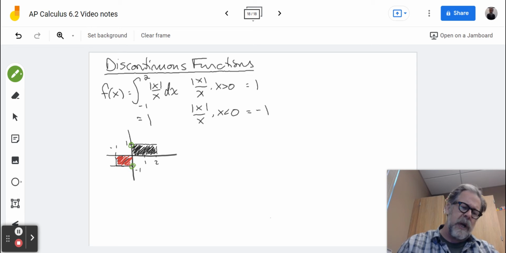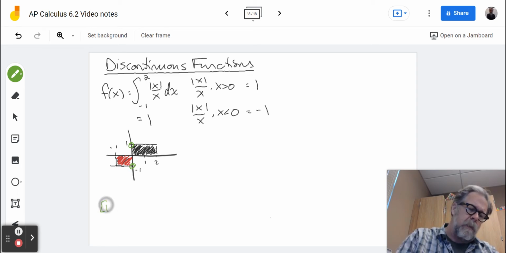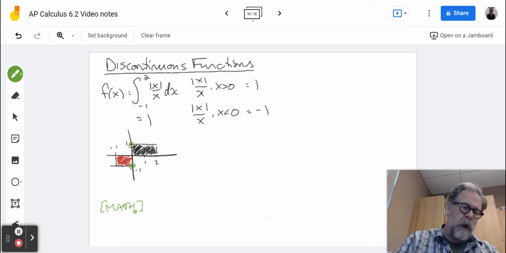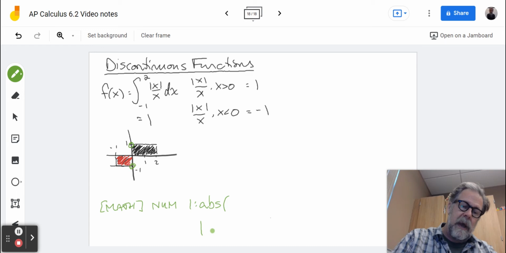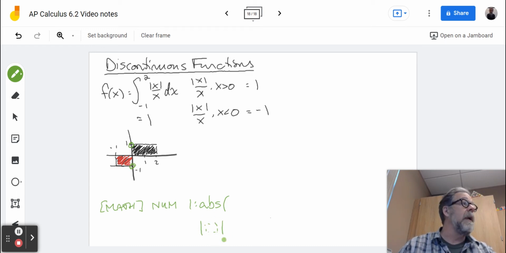And you can go ahead and check this in your calculator. If you look at the math menu on the TI-83/84 platform, and then arrow over to the number menu, you'll see that the very first thing is ABS. And that will pop up as either ABS parentheses or as absolute value with a little rectangle for you to type stuff in.